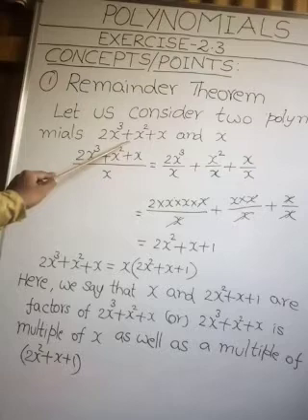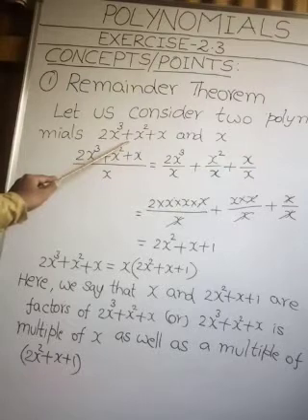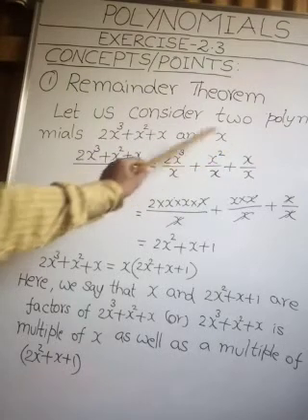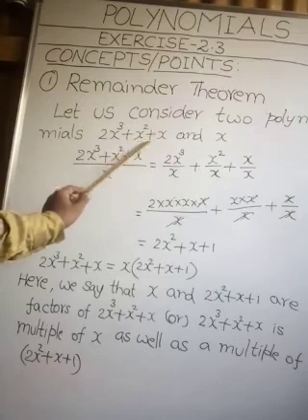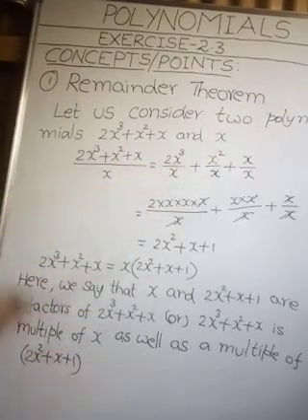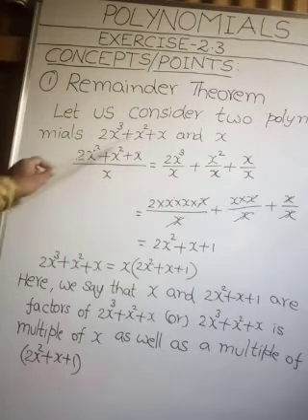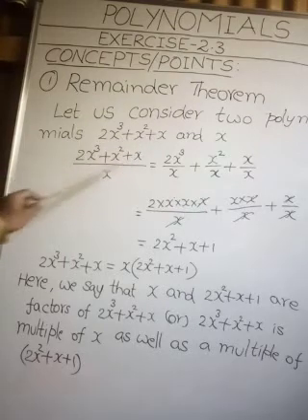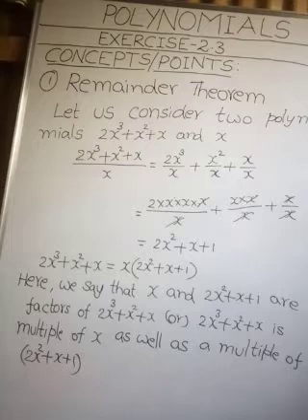Here, let us divide this polynomial by this monomial: 2x cube plus x square plus x, whole divided by x. In that case, we have to divide each and every term by x.